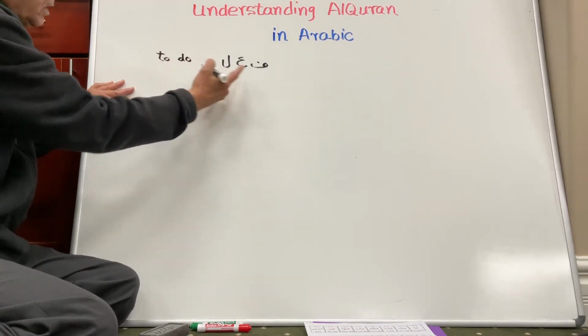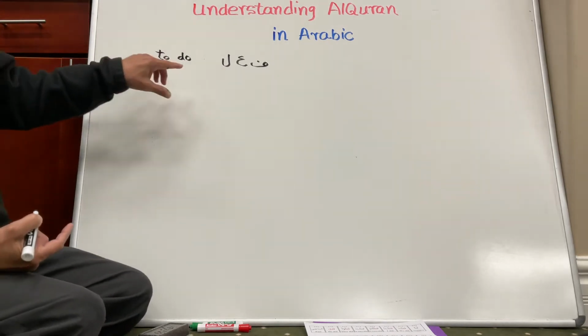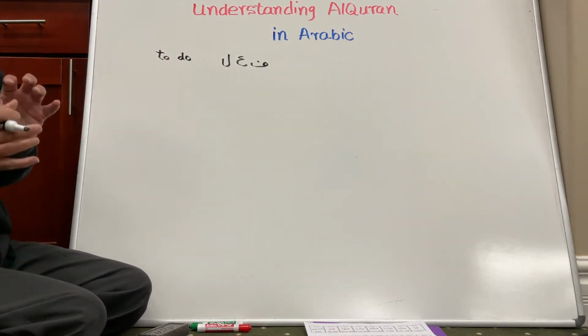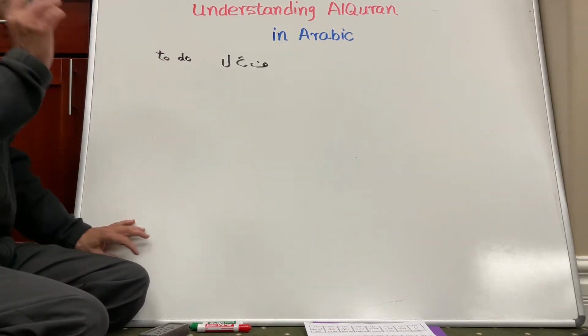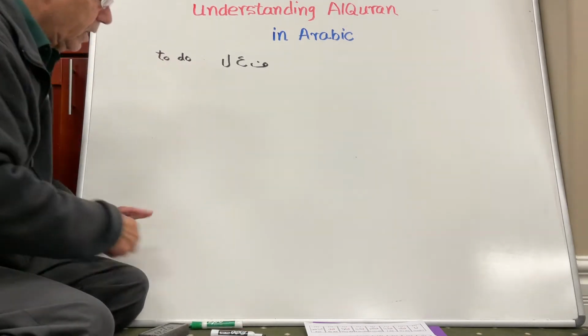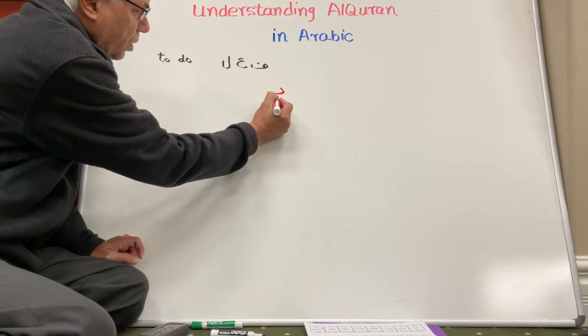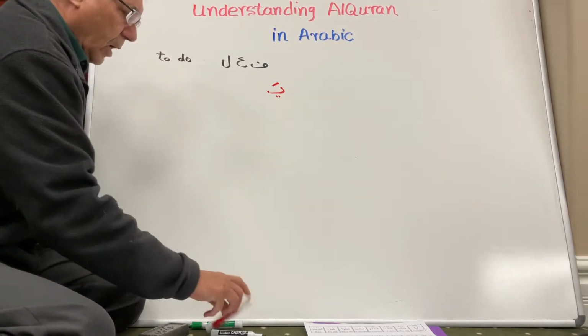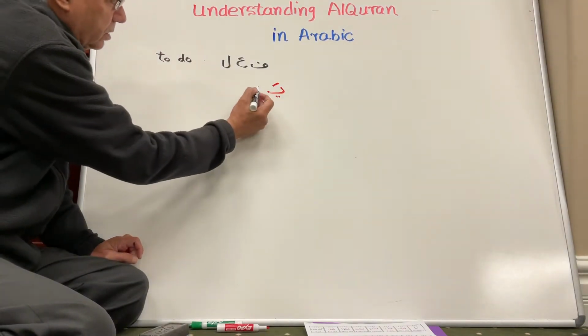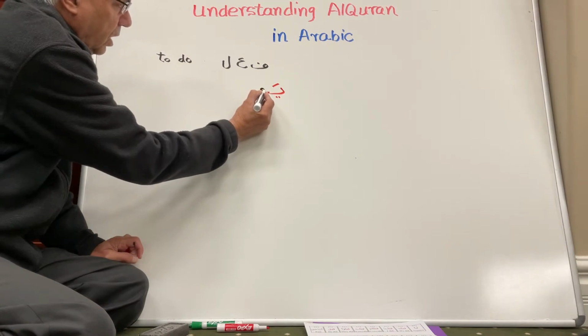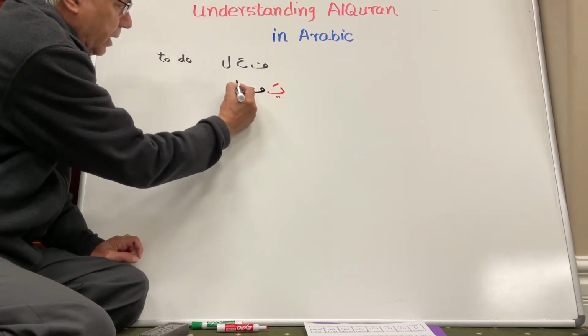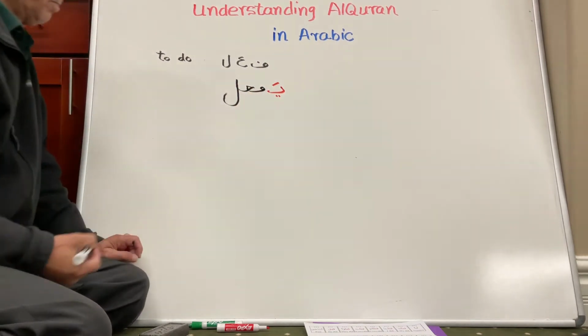So we learned how to make the past tense from here. Today we'll learn how to make the present and future. So very simple case is that if I use a letter Ya in the beginning with a Fataha, and then take these 3 letters, Fa, Ain, and Lam, and combine them, okay?